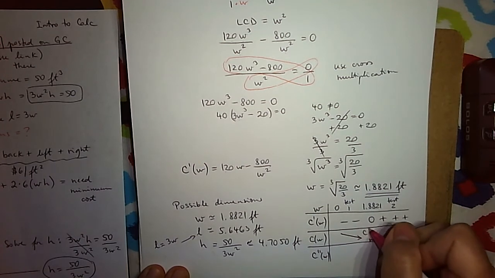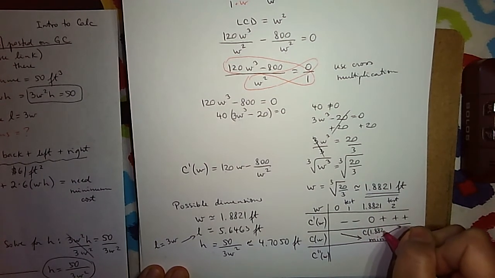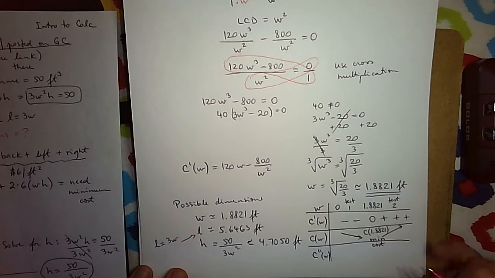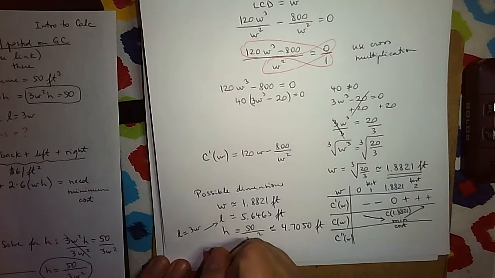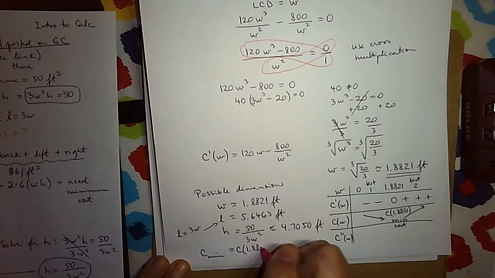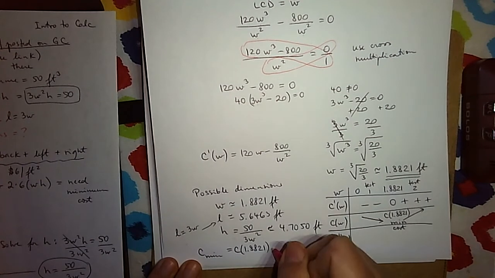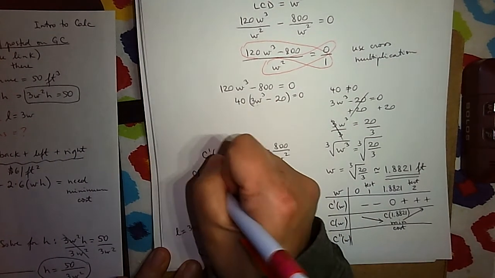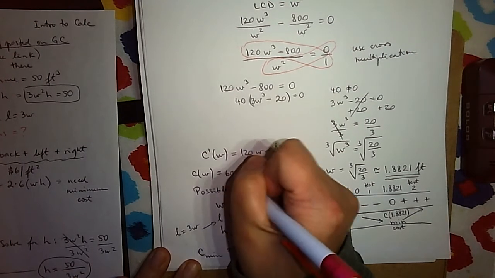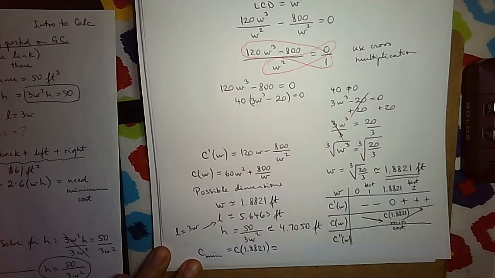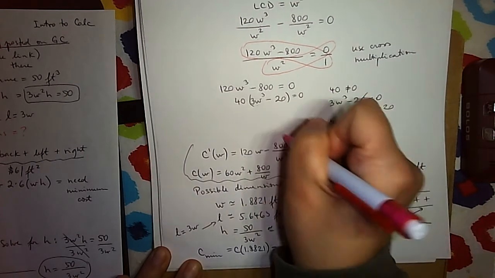So C calculated at 1.8821 is definitely the minimum cost. We can also calculate the minimum cost. C minimum is going to be C of 1.8821, which was, let's see, where was it? C of W was 60W squared plus 800 over W. These were things that I pretty much recalled from our other calculation.